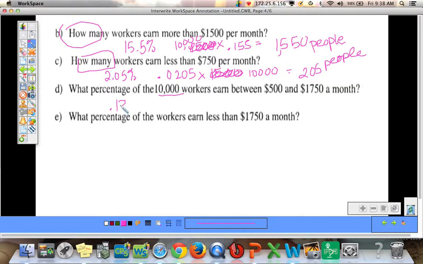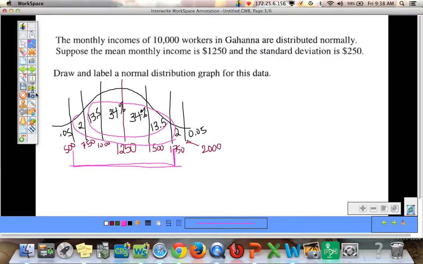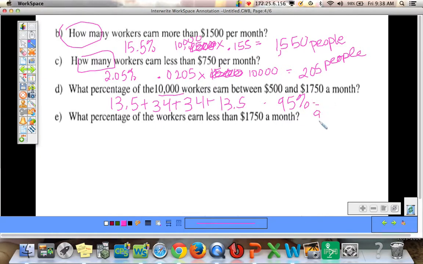So 13.5 plus 34 plus 34 plus 13.5. It's about 95% of the people. Oh, and it's actually 500. I have to add 2% to that because here's 500, so I do want to add this 2%. So that would be 97%. So that's most of the workers. 97% earn between 500 and 1,750.